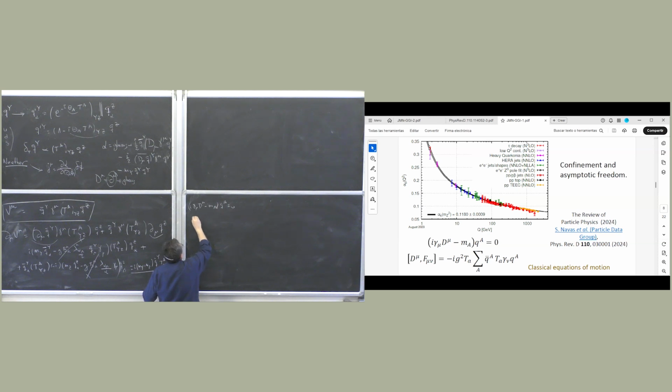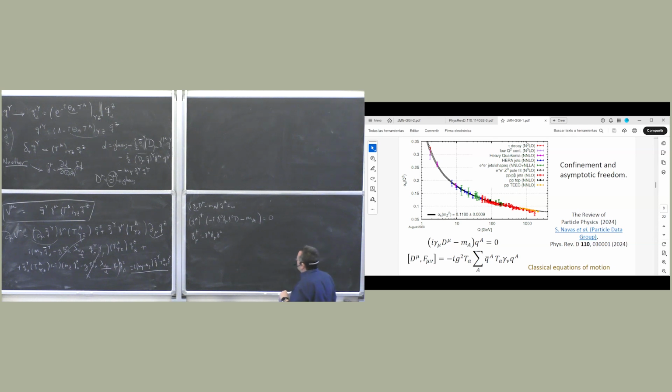So you have q_a, you dagger this thing, you will get minus i, then you will get gamma 0, gamma mu, gamma 0, d mu minus m_a equals 0, right? Have I done anything wrong? No, because I have just made use that gamma mu dagger is gamma naught, gamma mu, gamma naught, right?